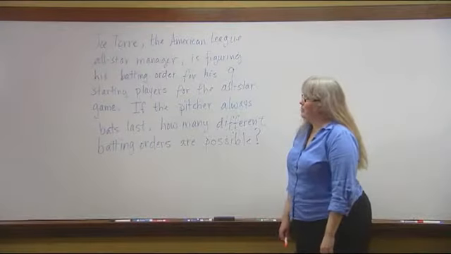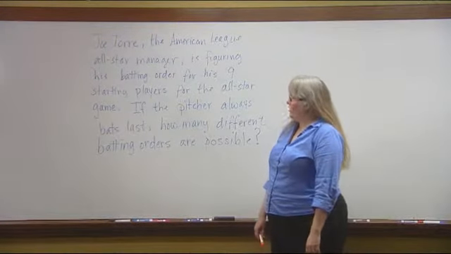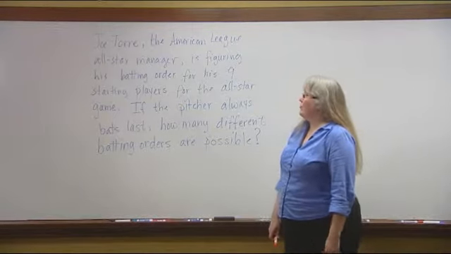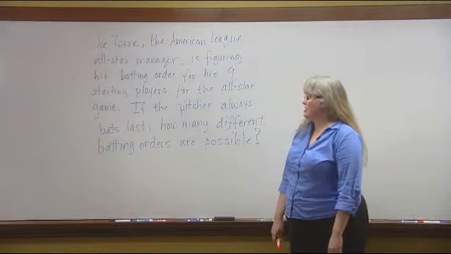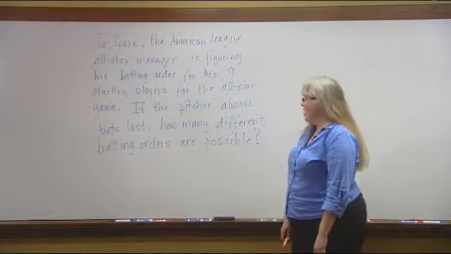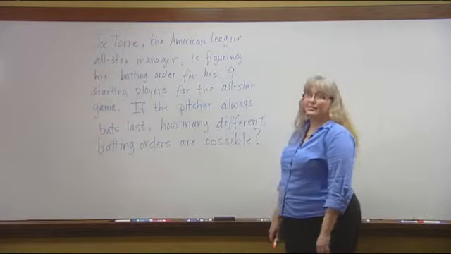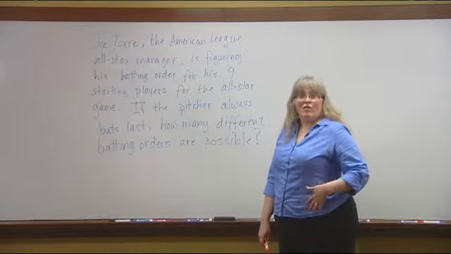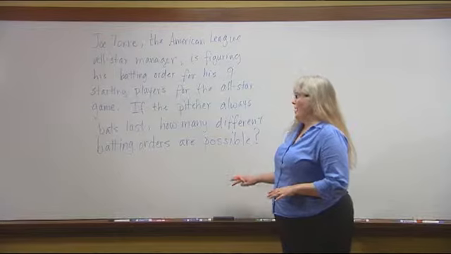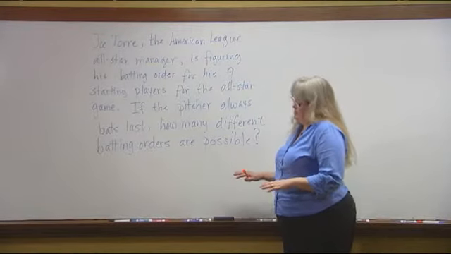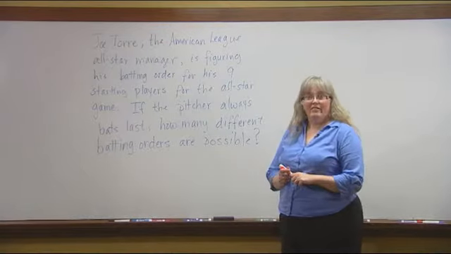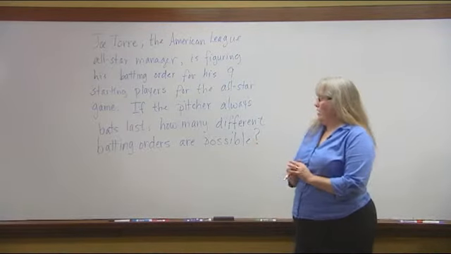In this next problem, we have Joe Torre, the American League All-Star manager, figuring out his batting order for his 9 starting players for the All-Star game. If the pitcher always bats last, how many different batting orders are possible? So this one, although similar to the other problems we've looked at, we actually have some more specific criteria for the order of the players.